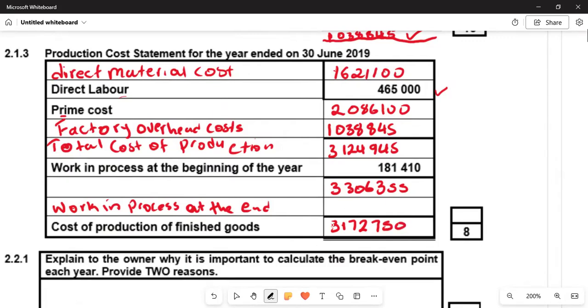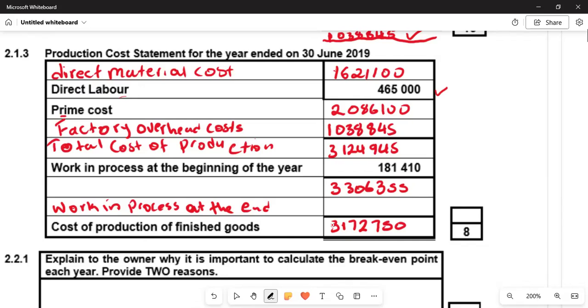So now we are to calculate what? Work in progress. That is why I've said you're going to use the balancing figure for us to get work in progress. We are going to say cost of production of finished goods minus this amount that we get when we add the total cost of production to work in progress.